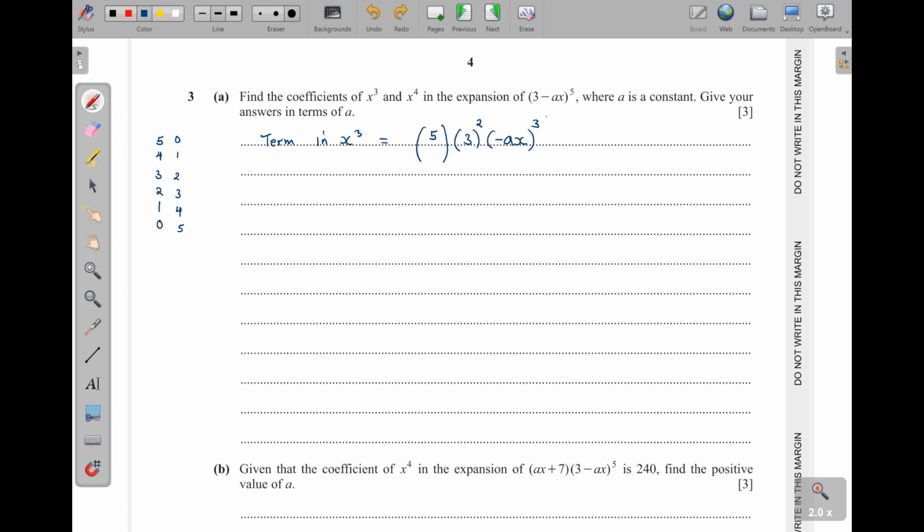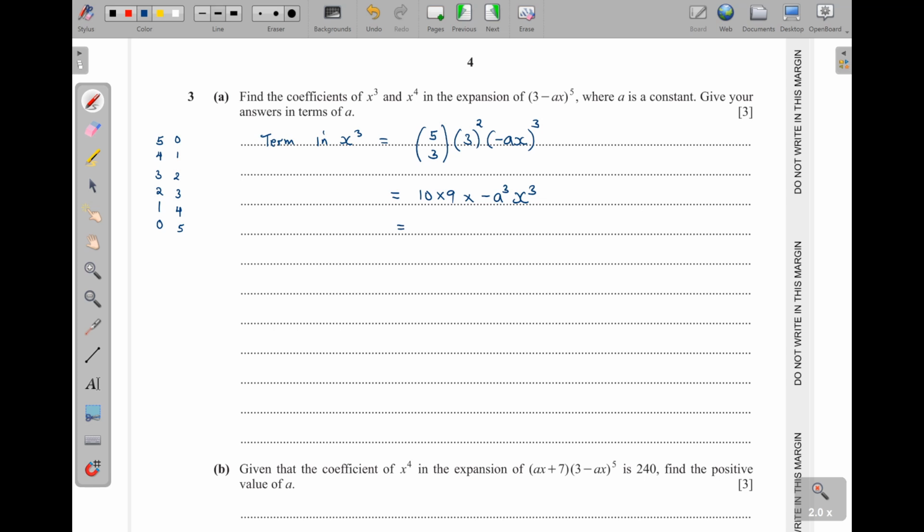So now the power that is on this second term here is always the one that we put in the combination here. So that means here we shall have 5 combination 3. Okay, so 5 combination 3 is actually 10. Then 3 squared is 9. And then an odd power of a negative is always a negative. So we shall have negative a cubed, then times x cubed.